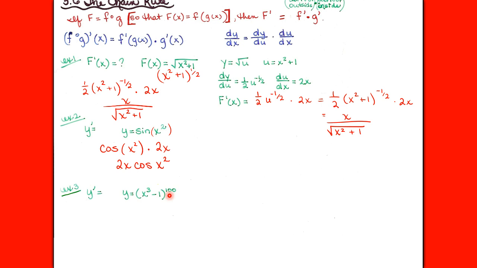No way. So I can go through and I can say, let's take the derivative of the outside function. It doesn't matter what's in here. I have something to the 100th. So what's the derivative of anything to the 100th? Yeah, 100, that thing to the 99th. Right, so 100, the quantity, to the 99th.